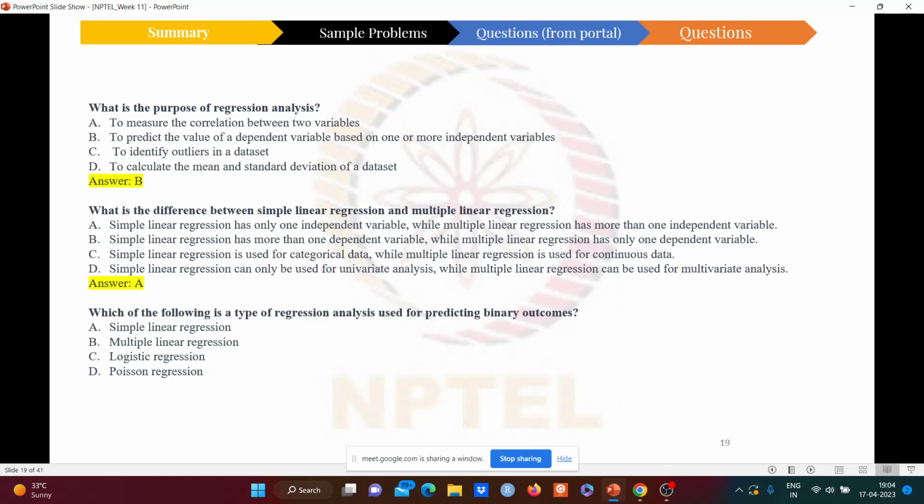Coming to the third one, which of the following is a type of regression analysis used for predicting binary outcomes?